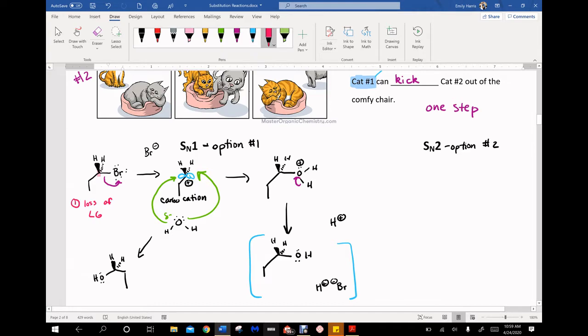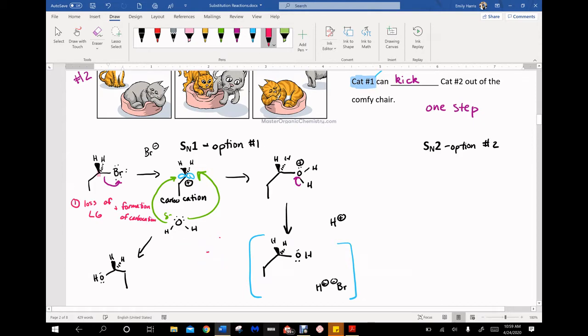And let me right quick, just before we move on, kind of write in the steps again. So the first step was loss of the leaving group. The second step, we had the formation of the carbocation. And that's kind of, I guess, goes here. So loss of leaving group, and I'll put and formation of carbocation. All right.